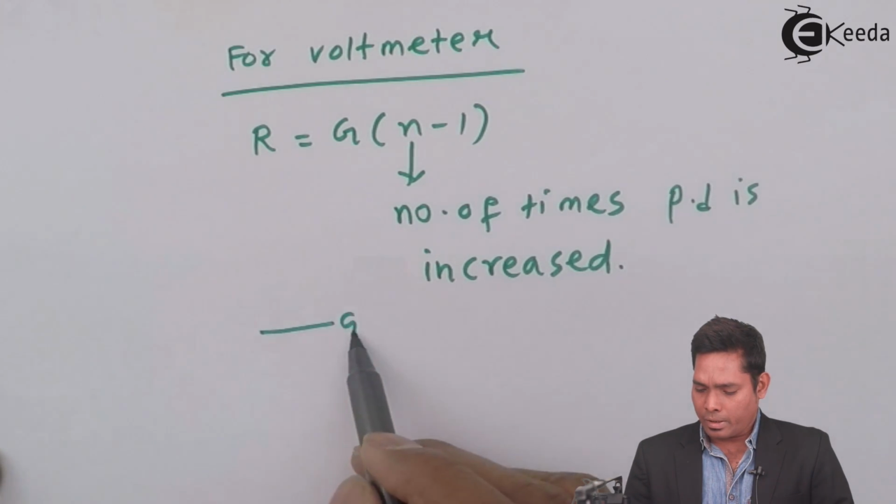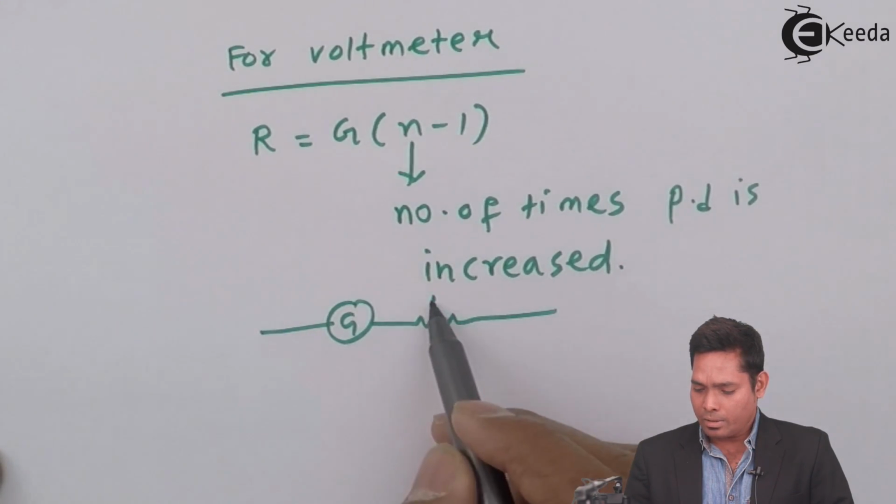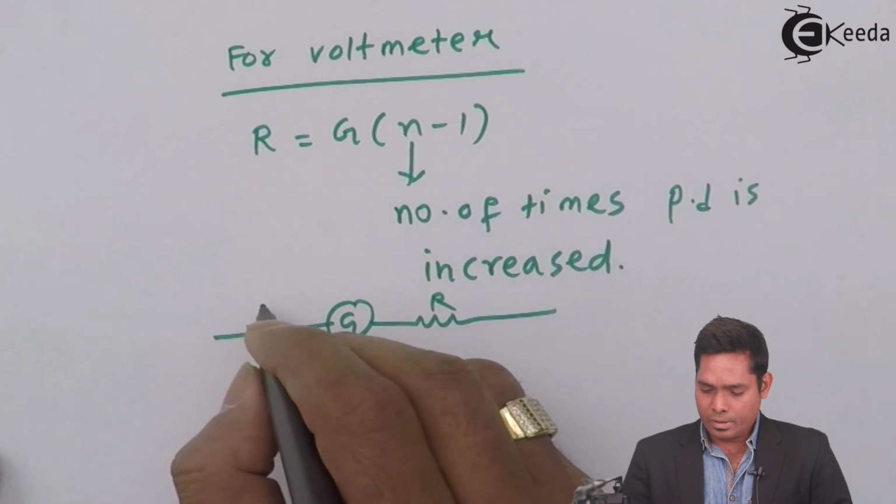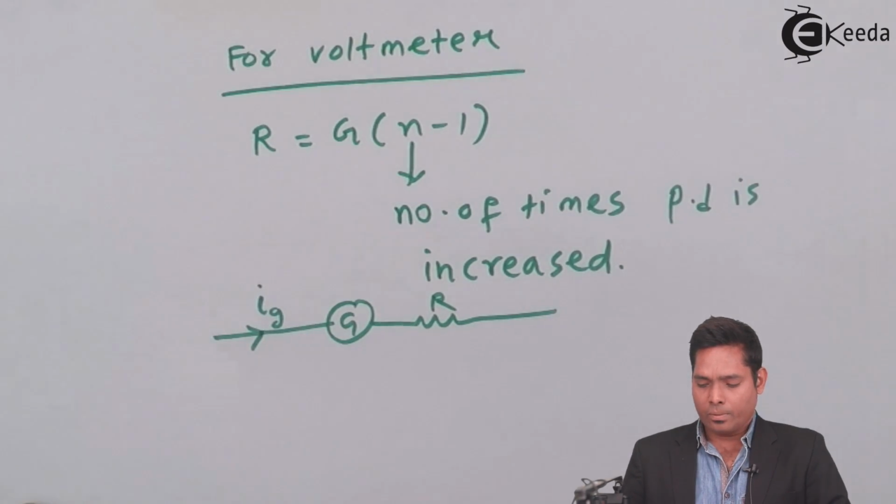You have got a galvanometer and a resistance R, and the current that is flowing is Ig.